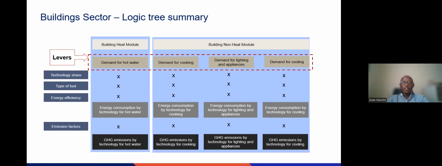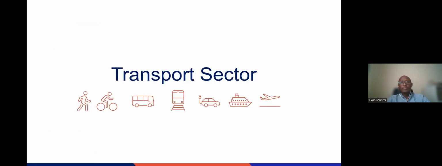When you multiply those two, you're able to get the potential GHG emissions. So if you reduce any of this, then that goes into the tool as the potential reduction in the greenhouse gas emissions.